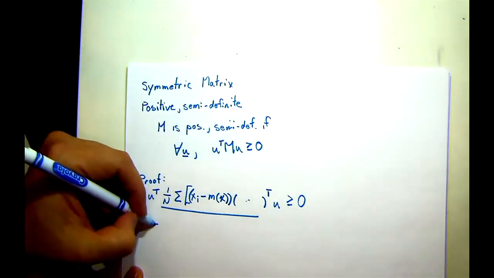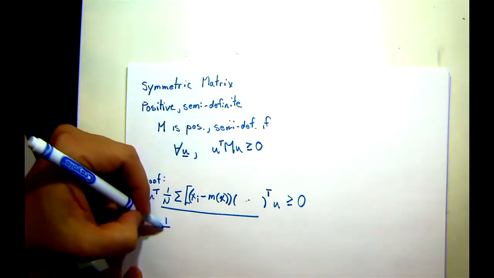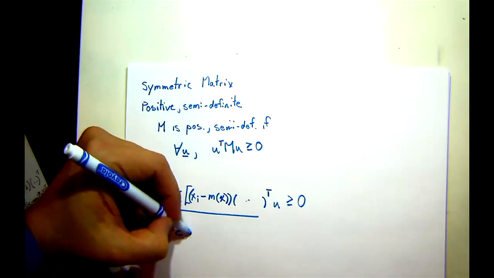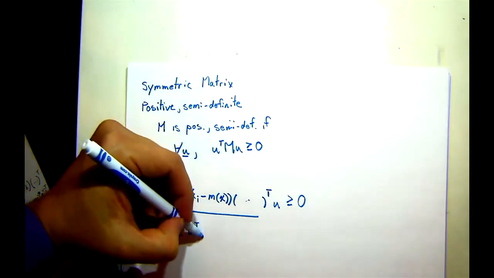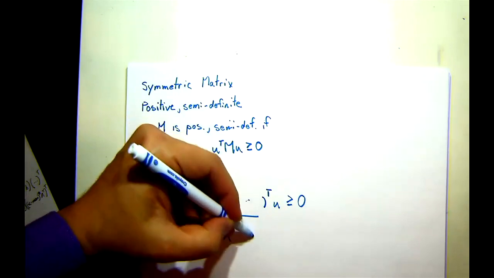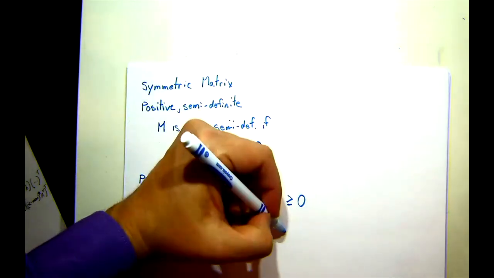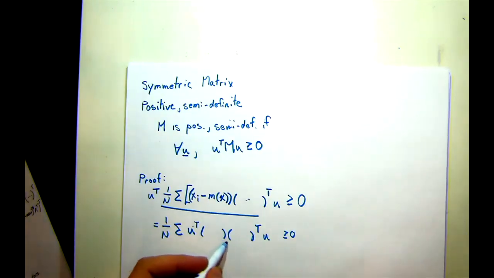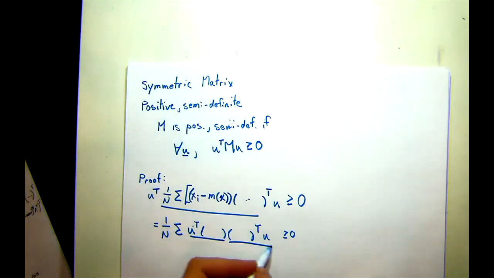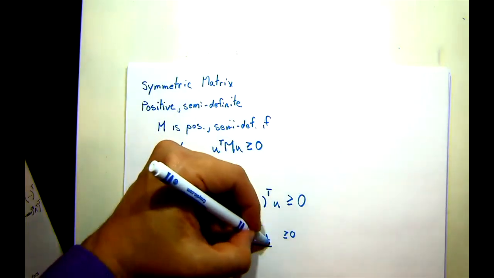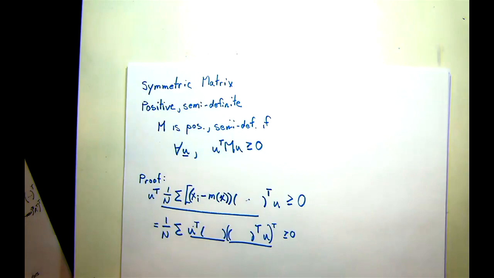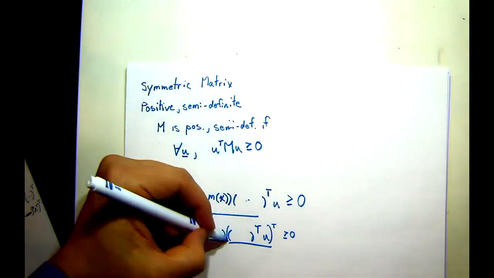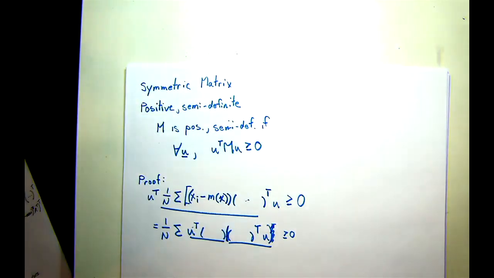We can easily push the u's inside of the sums. So you get u transpose times the (x_i minus mean), and I have to prove that that's greater than or equal to 0. These two numbers are going to be the same because they're dot products.